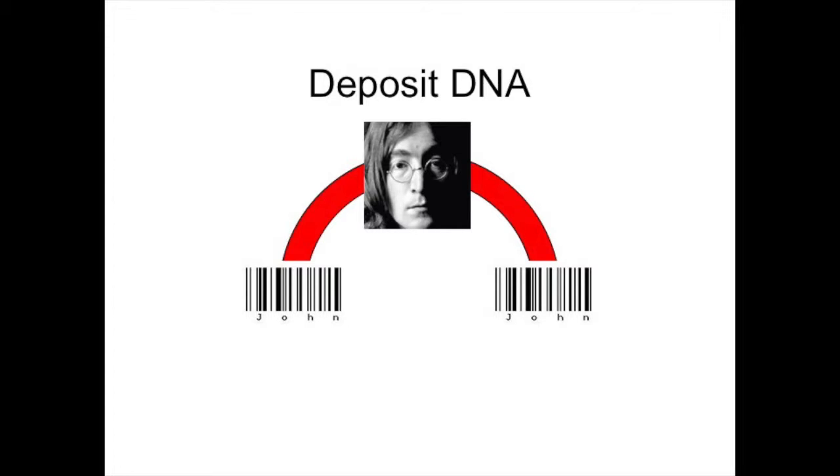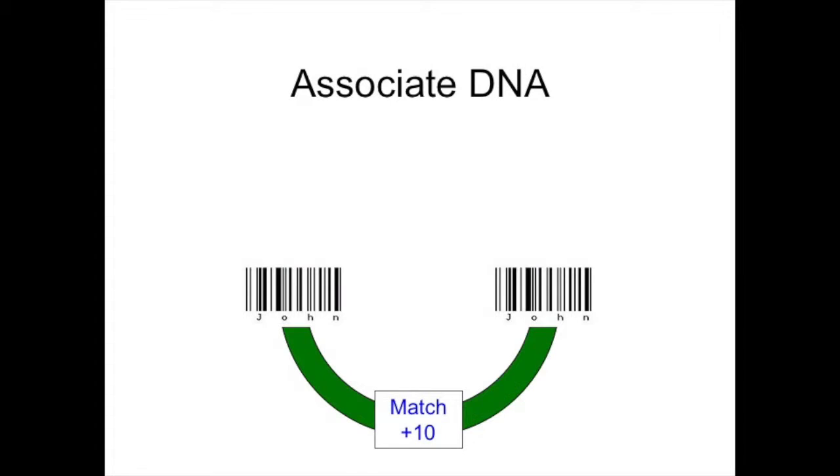The concept is that if DNA is deposited twice, maybe as two items of evidence leaving two barcodes, or as a cheek swab, say the right barcode, and evidence as the left barcode, then we have barcodes left by one person. The question is, can we associate these barcodes and determine if they were left by a common person?